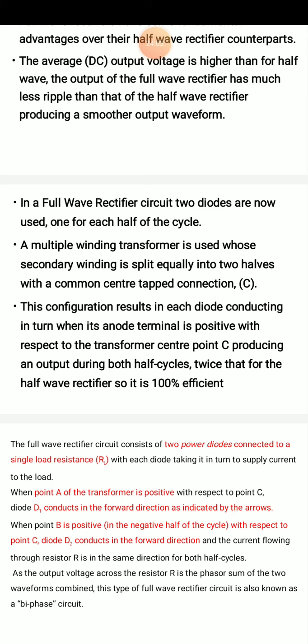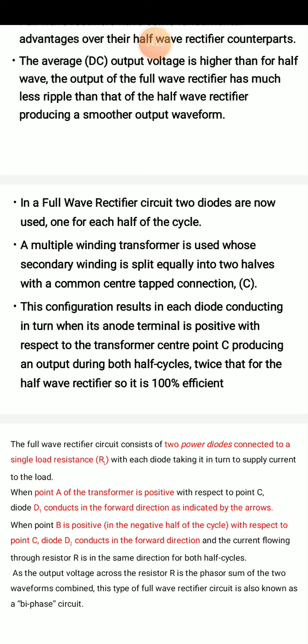Please be very clear about the half-wave rectifier and full-wave rectifier. What are the important essentials in the half-wave rectifier? A step-down transformer, a single diode and an RL load. Whereas the full-wave rectifier uses two diodes.